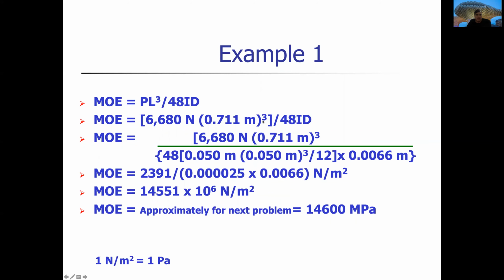0.711 meters elevated to 3, divided by 48, that is a constant, multiplied by I, and D, that is 6.6 millimeters. We have all the data. We just need to plug in the information, do all the resolution of this equation, and the MOE is this one.